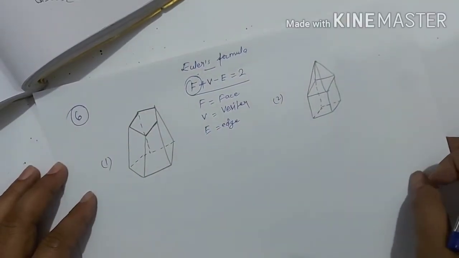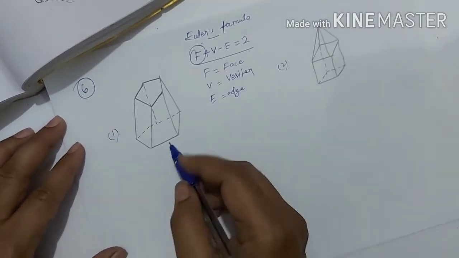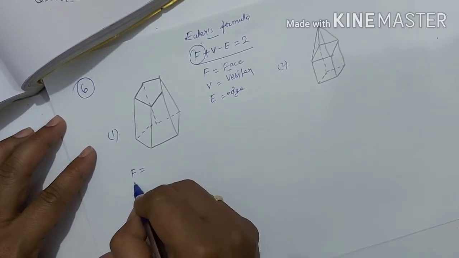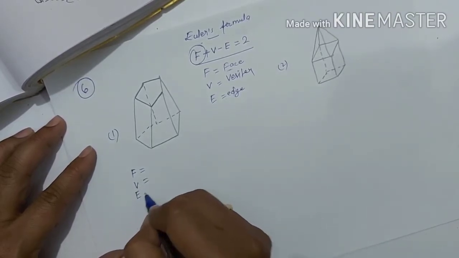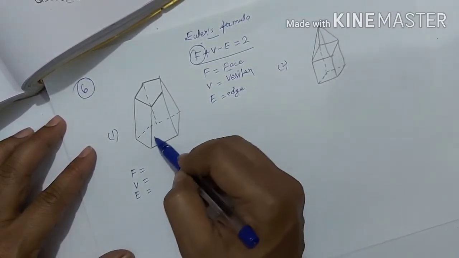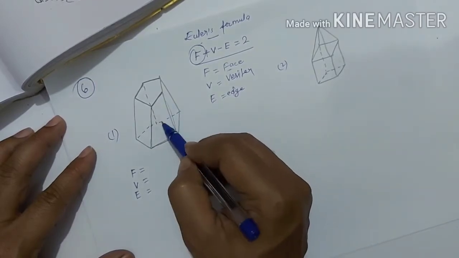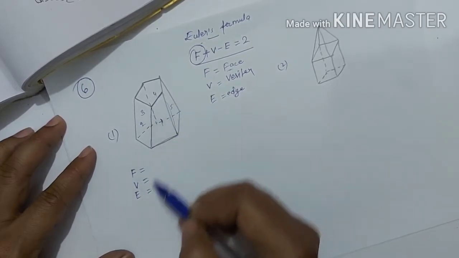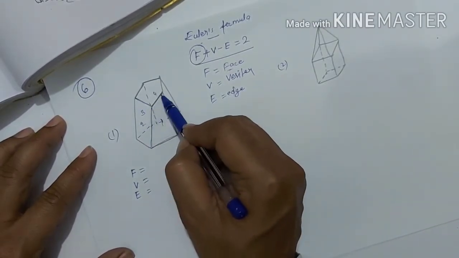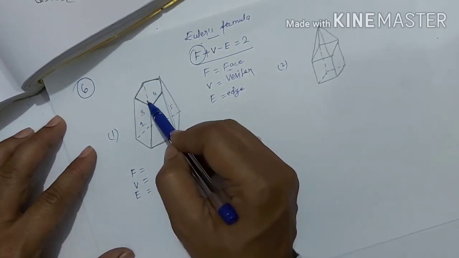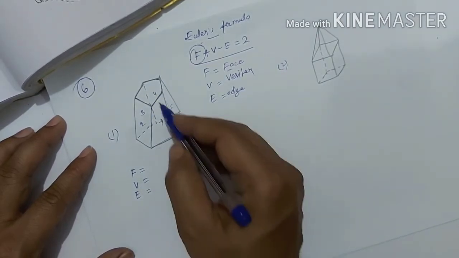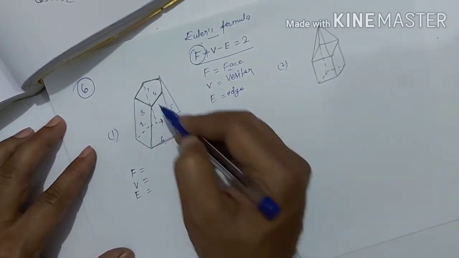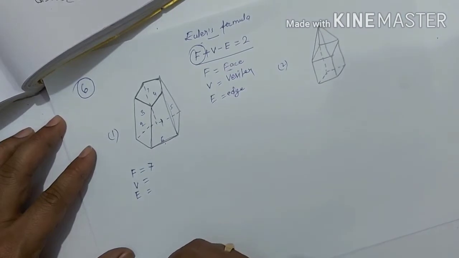So first the proof. First write F, V and E. You count the faces. This is first face 1, 2, and back 3, 4, and that is 5, because it is 1, 2, 3, 4, 5, a pentagon. Pentagon is 5 surfaces. So 5 surfaces, 6 down and 7 up. The total surface is 7.